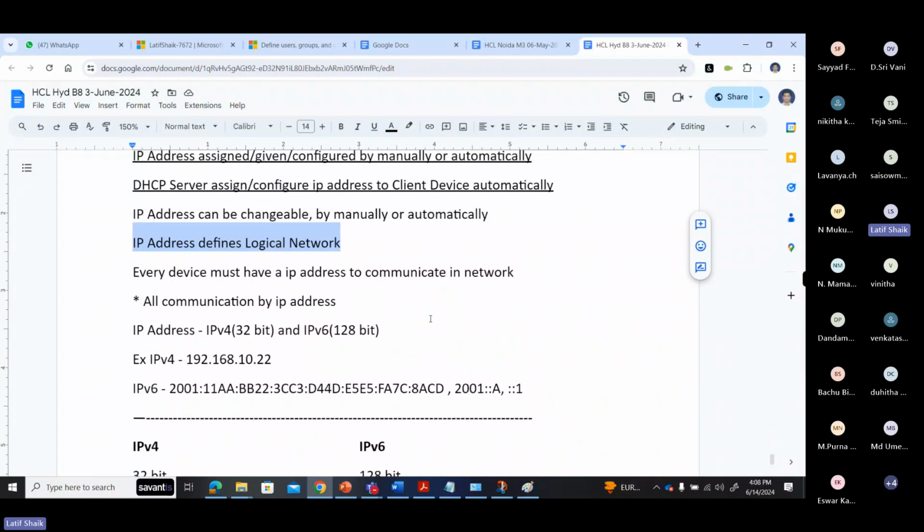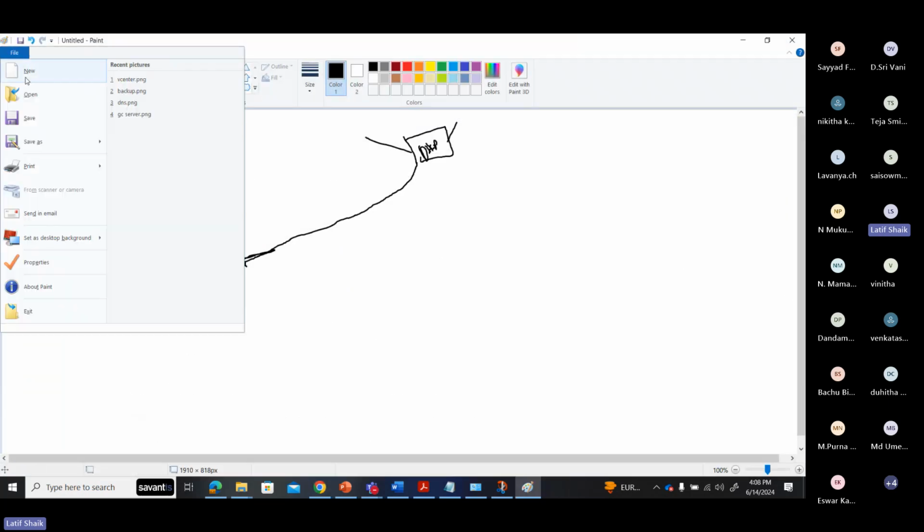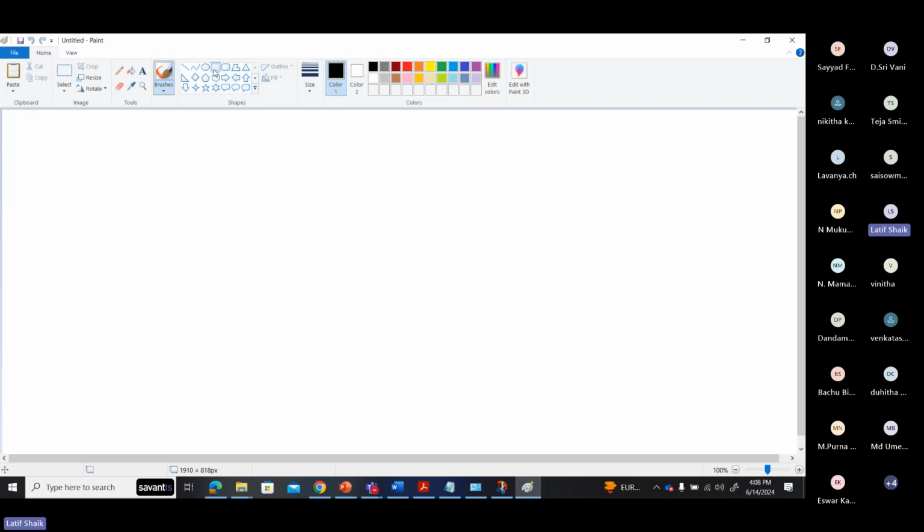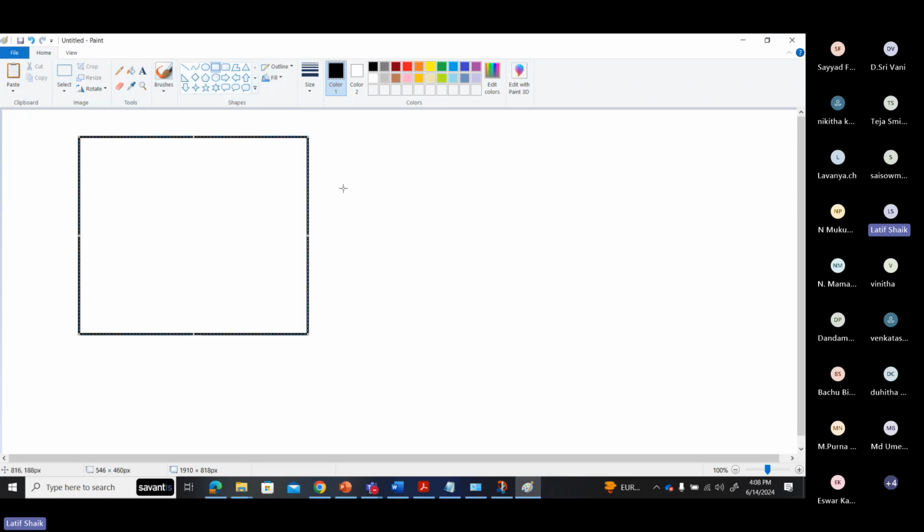IP addresses define logical networks. You know, in our office, we have a lot of computers. We make them into groups. This particular department should communicate with each other, and this particular department should communicate with each other.